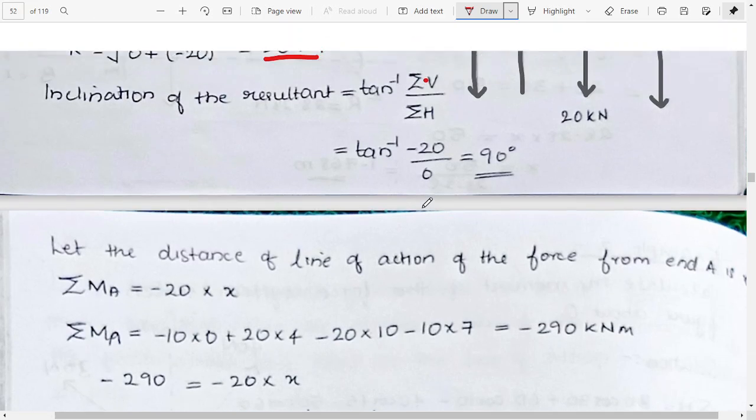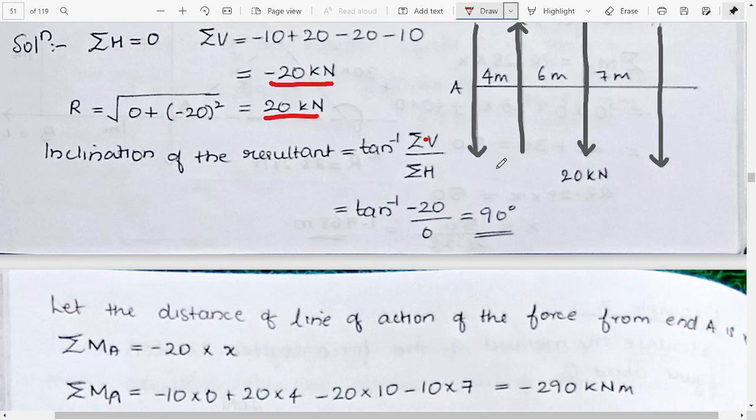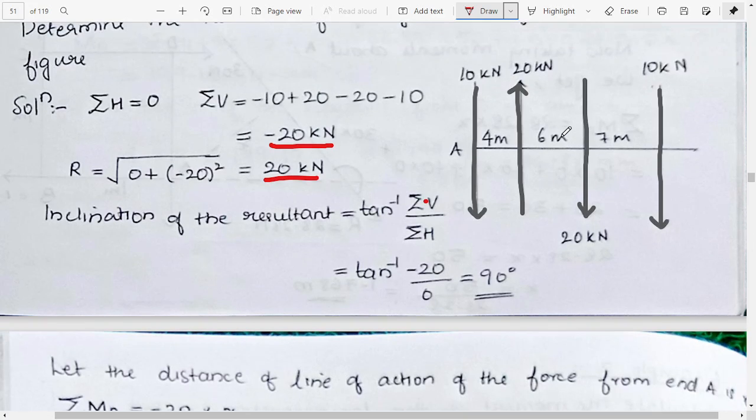Summation of MA is equal to minus 20 into x. What we need to find here is the value of x, the position of the resultant from the point A, so it will be somewhere like this. We need to find this value.